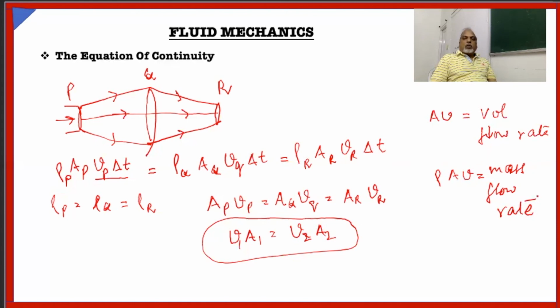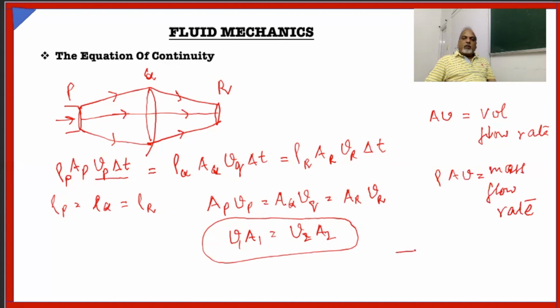So the volume flow rate at any point inside the pipe or tube remains constant, and the mass flow rate, rho A V, also remains constant.